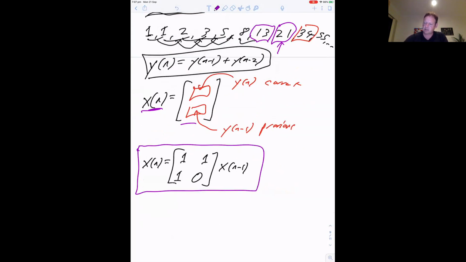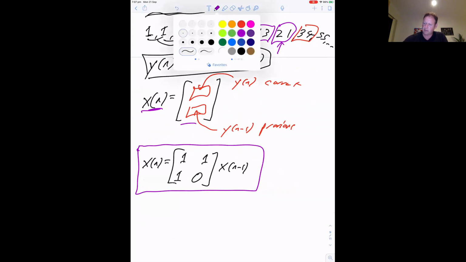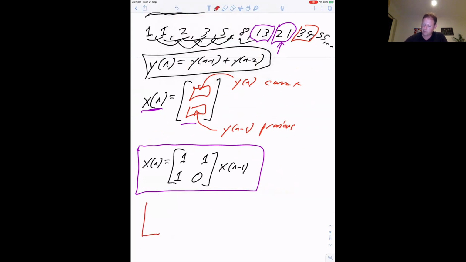Let's just write it out a bit more. You've got here yn equals 1, 1 times yn minus 1, yn minus 2. That makes sense. And yn minus 1 is 1 times yn.